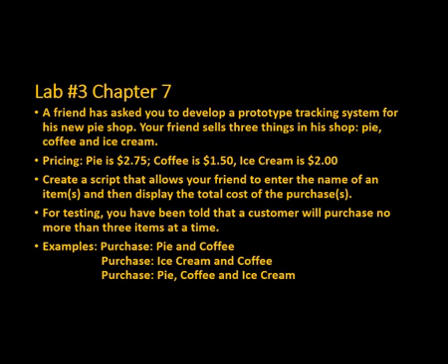So we're looking at the types of purchases down at the very end. We can have pie and coffee, we can have ice cream and coffee, and we can have all 3 in any combination there. So look through it first and get in your mind what you're going to do.